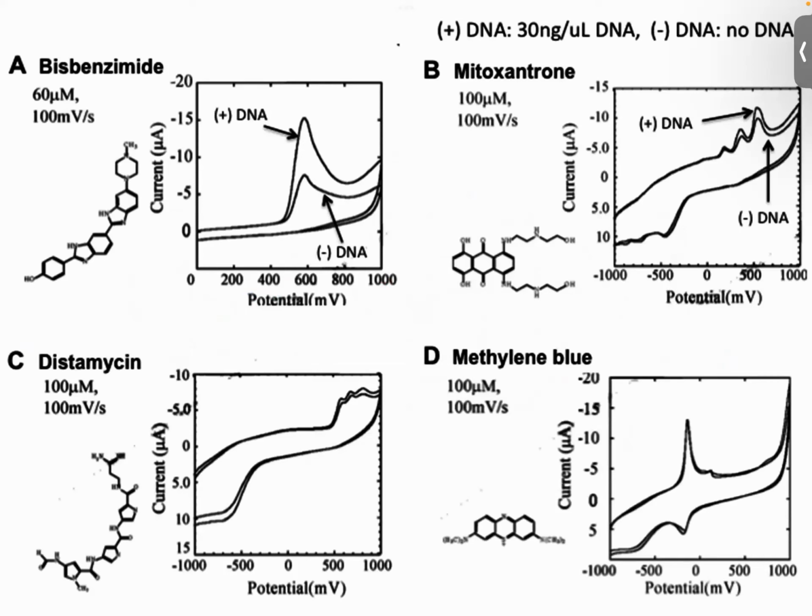So this is how we confirm. If we expose the DNA biosensor after hybridization to the groove binders, we can at least know if there is a good hybridization, then that means we can have a higher reading.